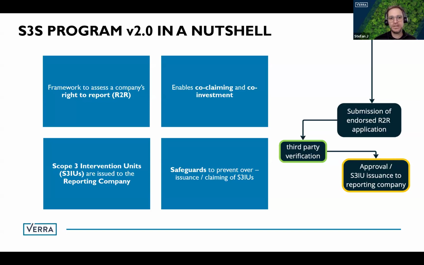This is based on whether a product in the company's value chain is equivalent to the impacted product in the intervention. Once the right to report is established, Scope 3 intervention units, which are derived from intervention units in version 1, can be issued to all companies with a verified right to report.